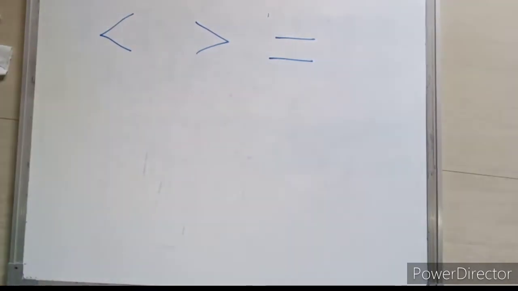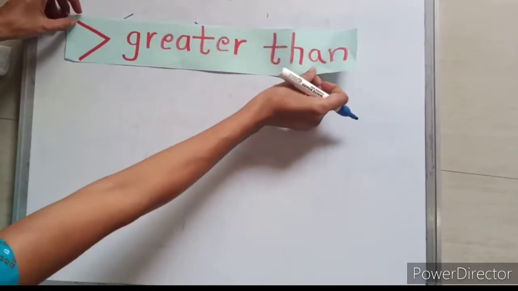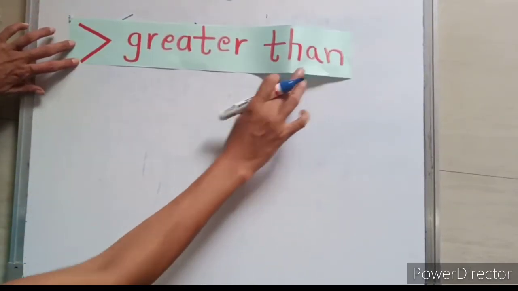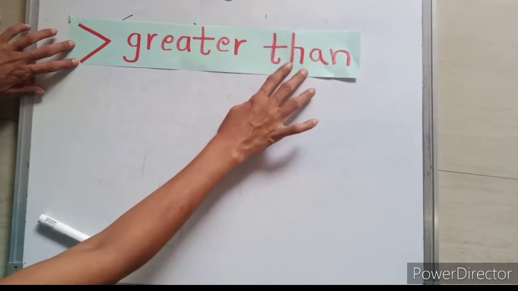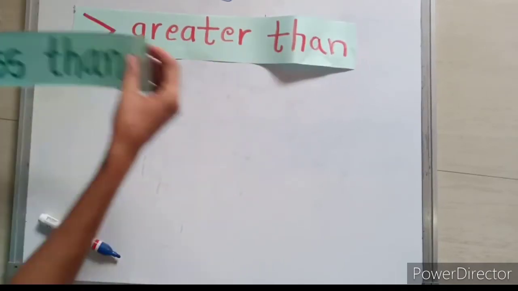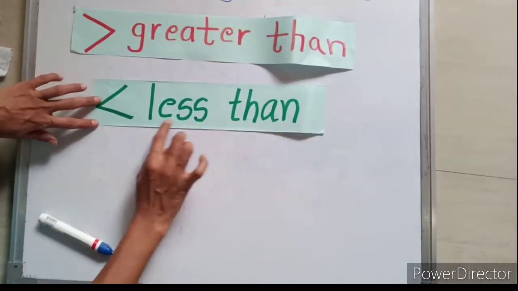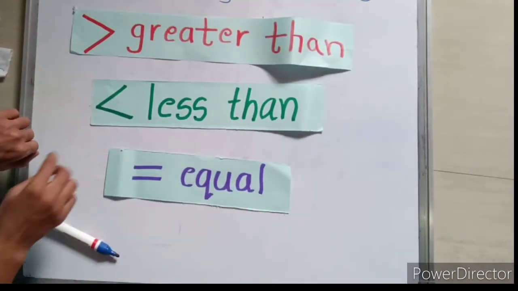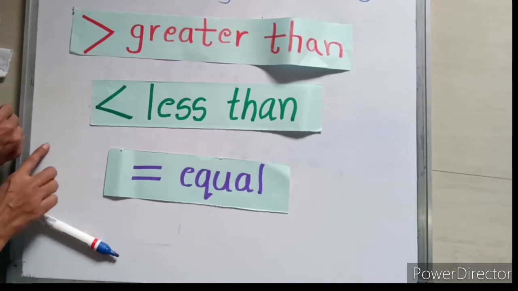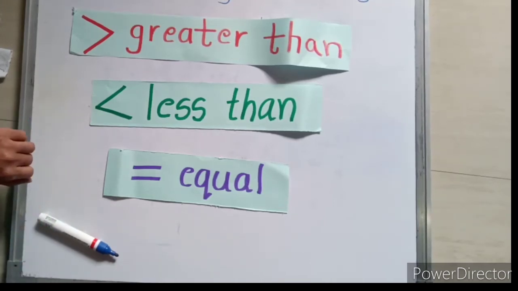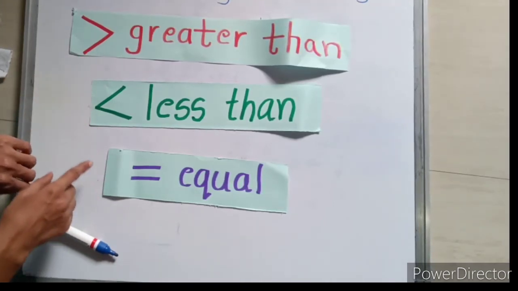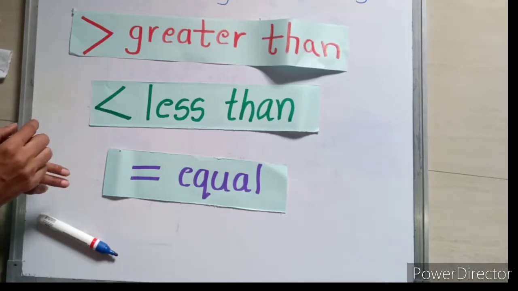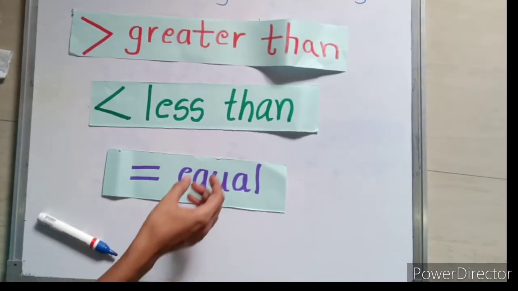See here, this is greater than, this is less than, and this is equal to. So these are the three signs which we use to compare the numbers, and by using these 3 signs we can say which number is bigger and which number is smaller.